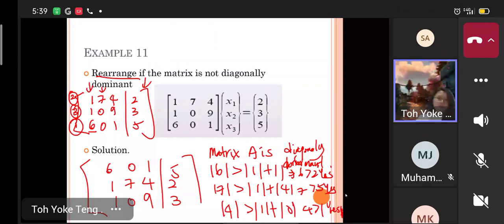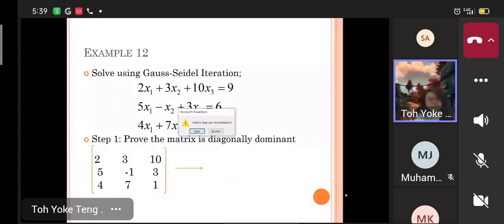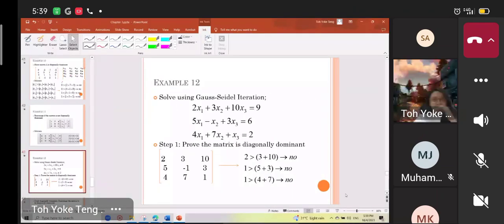Okay, so now we proceed to the calculation for the Gauss-Seidel iteration. So this one, again, I share with you how to do the calculation step by step here.